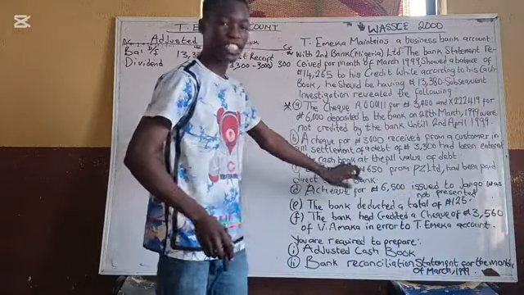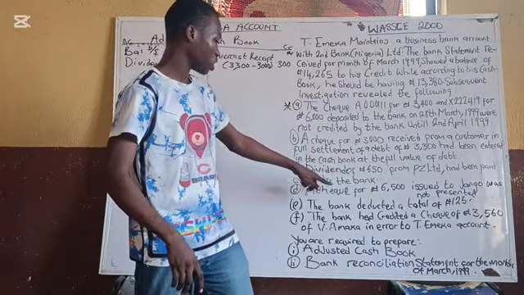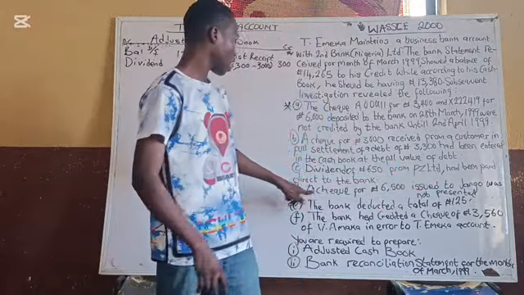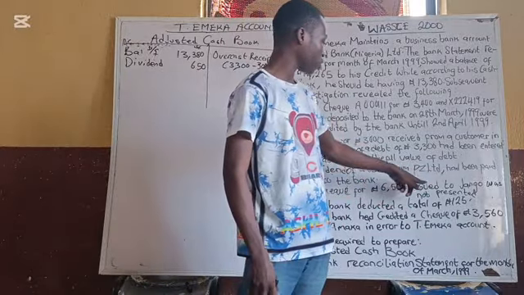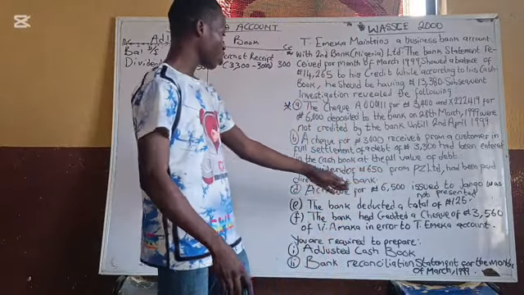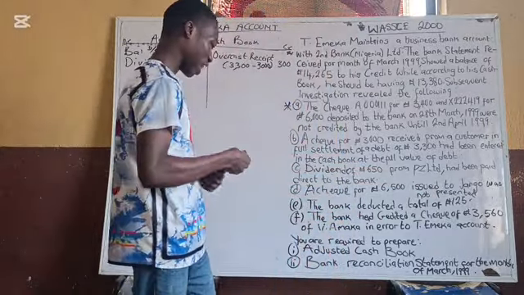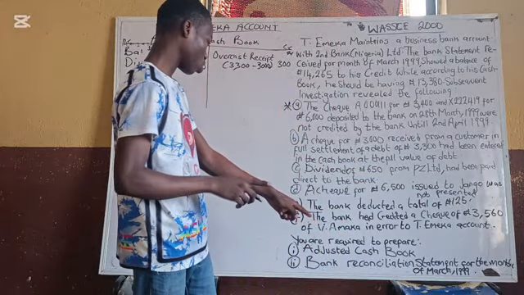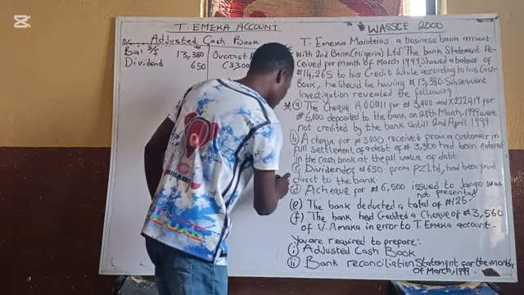The mistake was that we didn't complete the sentence. So a check for 6,500 naira issued to Jago was not presented. So we know this is clear, this is an unpresented check, and it is going to the bank reconciliation statement. So you just tie it.